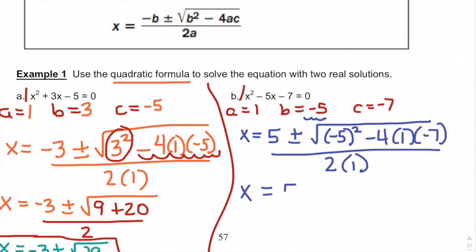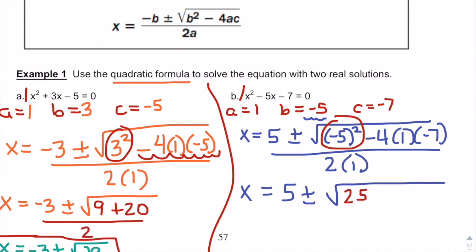We're going to follow the same simplifying steps that we did for the problem right next to it on the left. So the first part, when we're simplifying, is to do underneath the square root, and that's negative 5 squared, which means negative 5 times negative 5, or if you put it in your calculator, place parentheses around it. So that's 25.